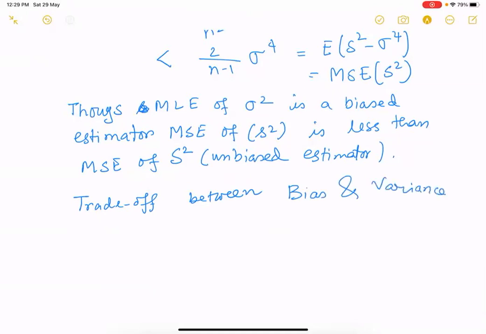In the MLE, we are accepting a little bit of bias, but that is helping us to reduce the variance, and in total the mean square error is getting reduced.